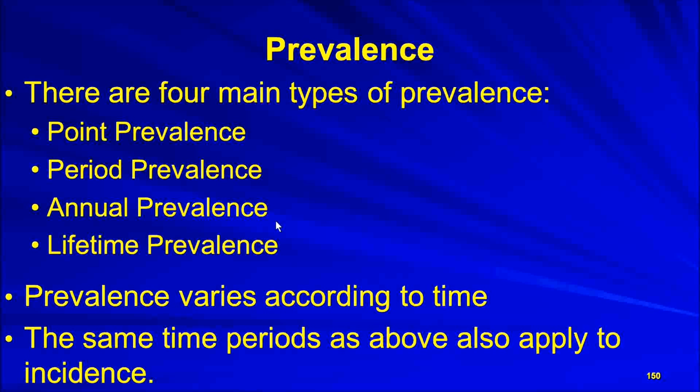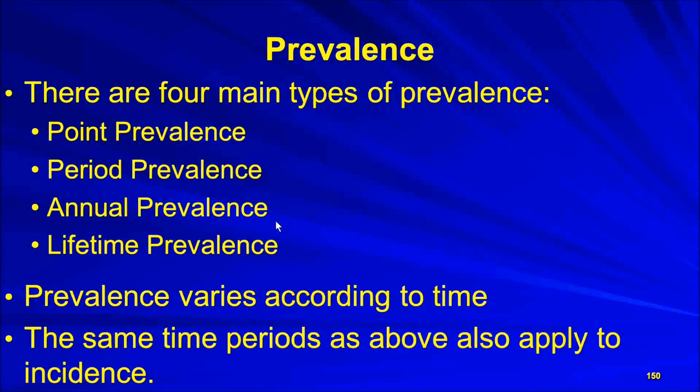The same time periods as shown above can also apply to incidence, and I alluded to that earlier when I was talking about incidence. But for right now, just think that prevalence has four different types. Now remember, if it's not specified with prevalence, what kind of prevalence is it?